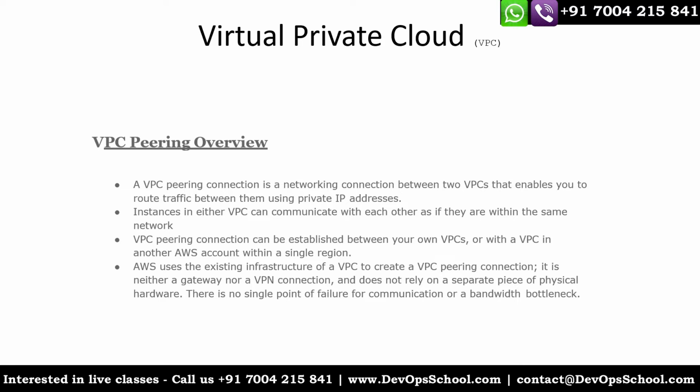Mind it, across accounts also you can attach, in the same region. AWS uses the existing infrastructure of a VPC to create VPC peering connections. It is neither a gateway nor a VPN connection and does not rely on a separate piece of physical hardware. There is no single point of failure for communication or bandwidth bottleneck.